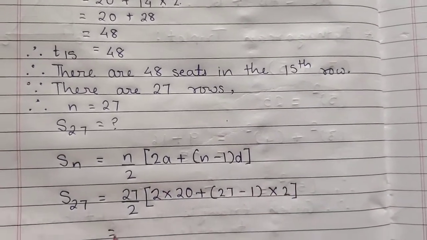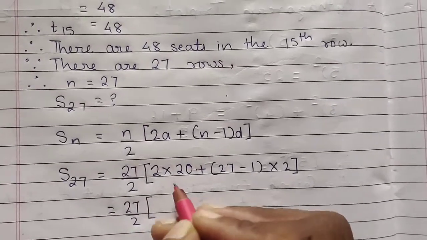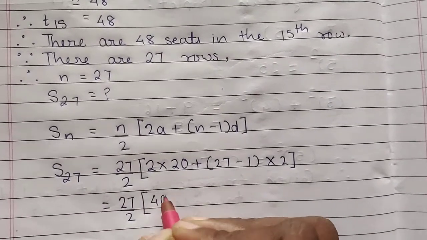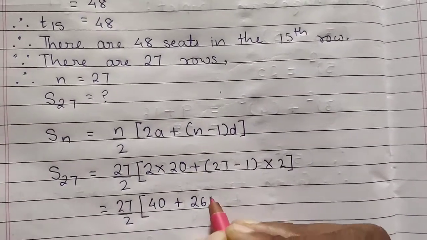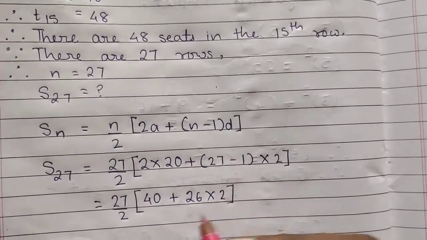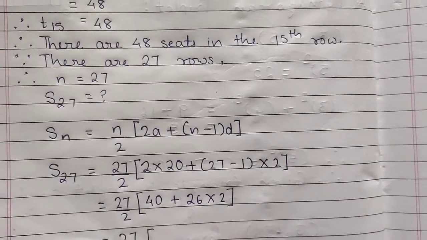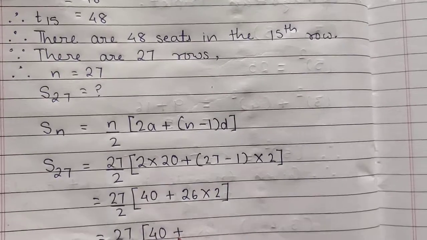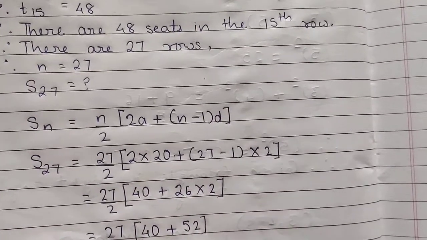Now let us simplify this. This is 27 upon 2. Now 20 into 2 gives you 40 plus 27 minus 1 gives you 26. So 26 into 2. Again let us simplify this. This becomes 40 plus 26 times 2 gives you 52. Okay.